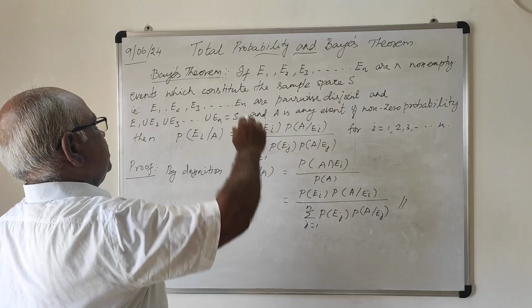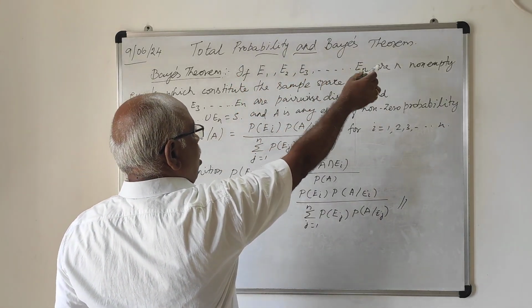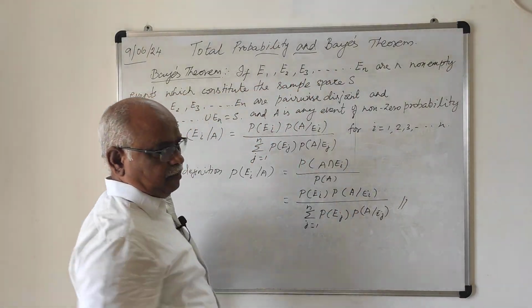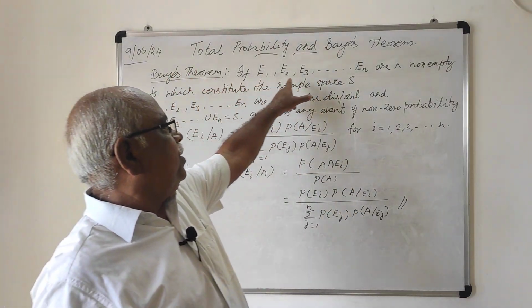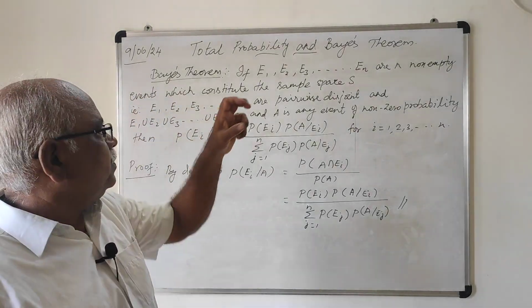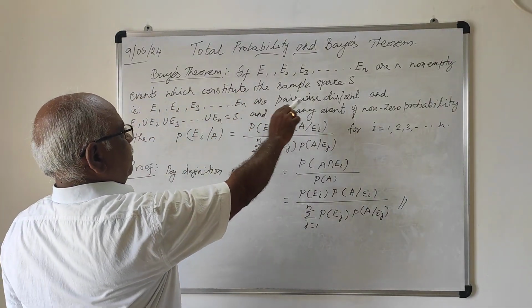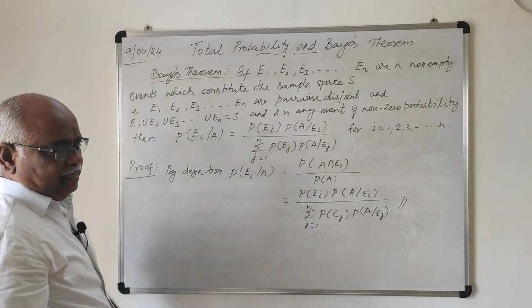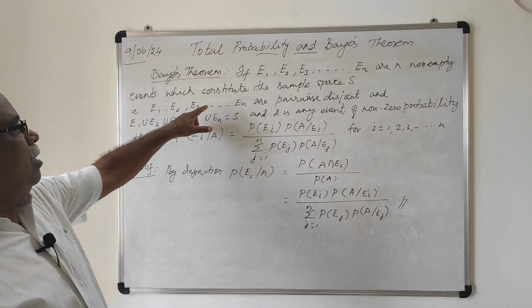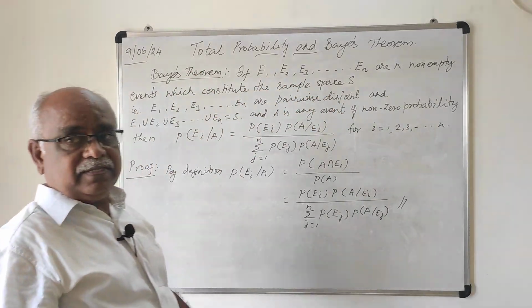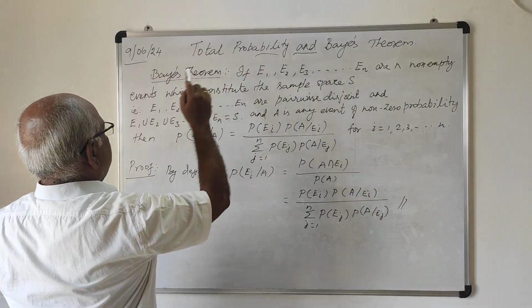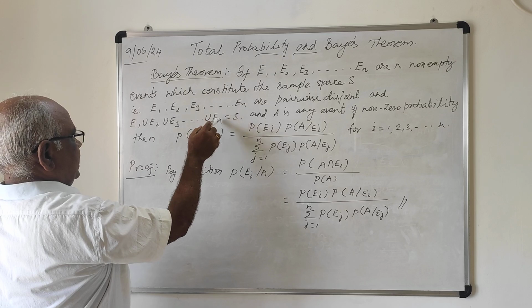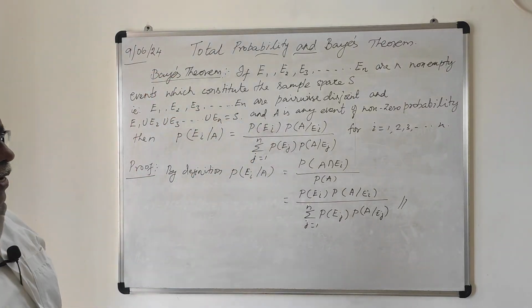Bayes' theorem statement is this: if E1, E2, E3, etc., En are n non-empty events which constitute the sample space S, and these are pairwise disjoint, therefore E1 union E2 union E3 etc. union En equal to S. That you know, which we defined already in the total probability.